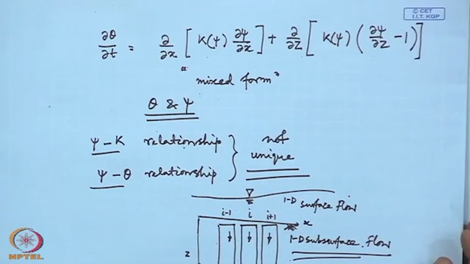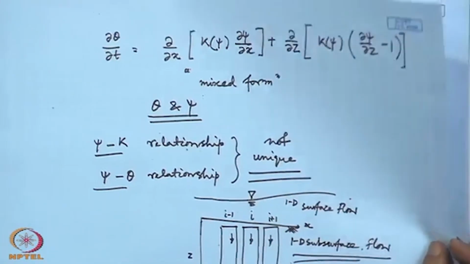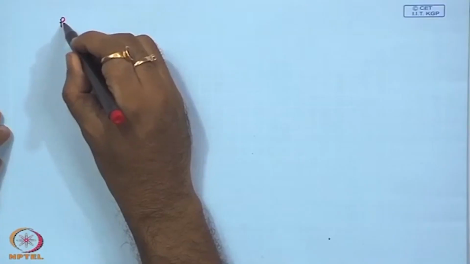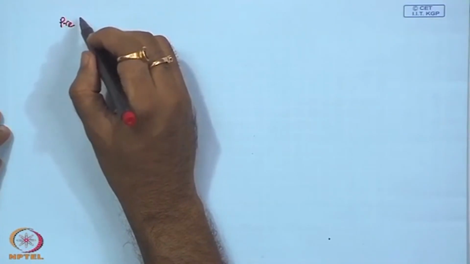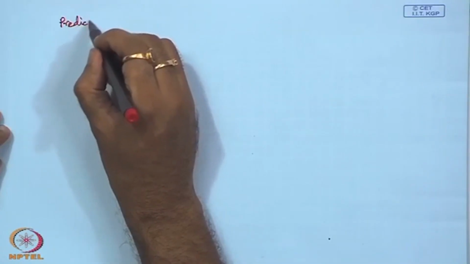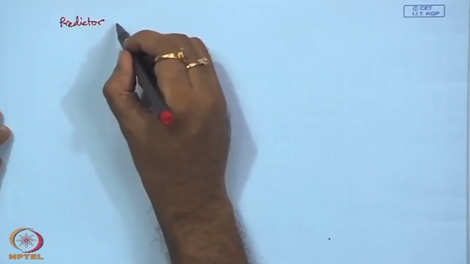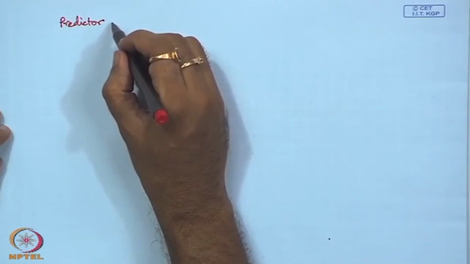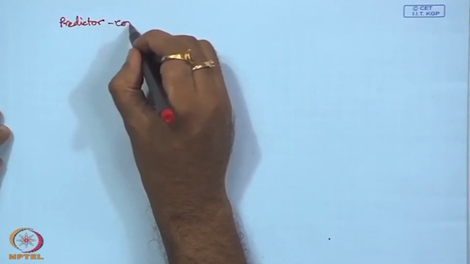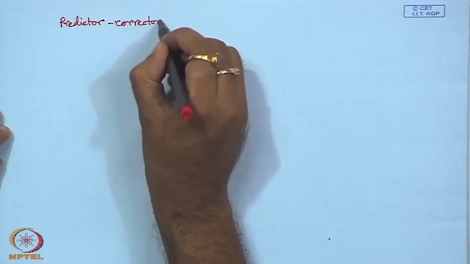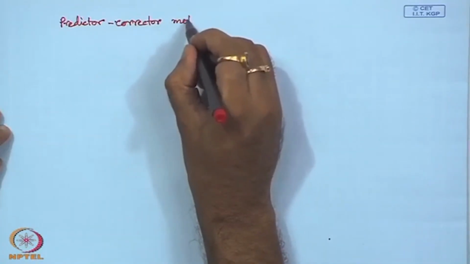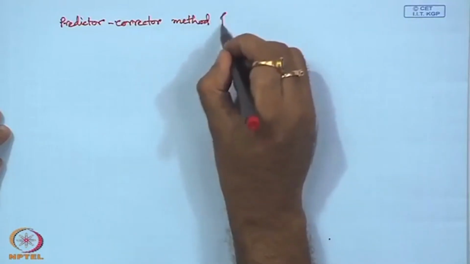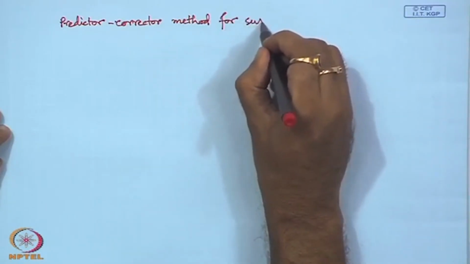So, first is surface flow. In surface flow, this can be solved using some kind of predictor corrector method.